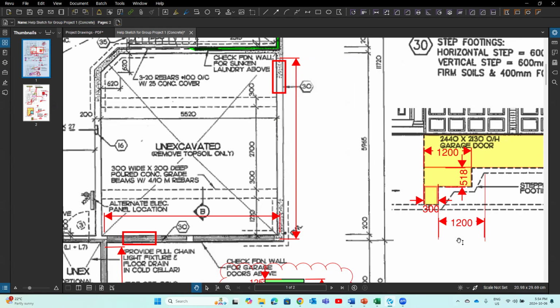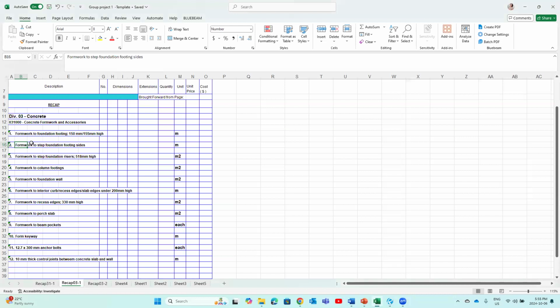So in this way, we can price them separately. One unit price for the formwork for this kind of foundation wall footing, and another unit price for the formwork for the foundation footing like this. That's number 1 and number 2.